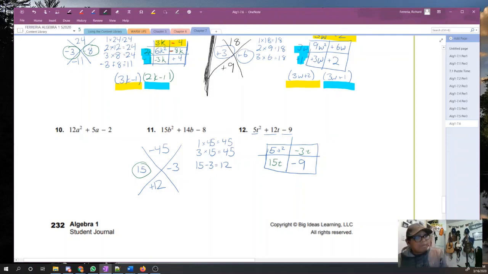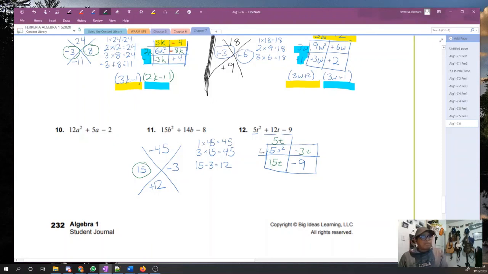So let's divide. Is there a number that goes into 5t squared and 15t? 5 and 15, divided by 5. Yeah, I can divide them both by 5. They both also have a t. So 5t. What's 5t and 5t squared?